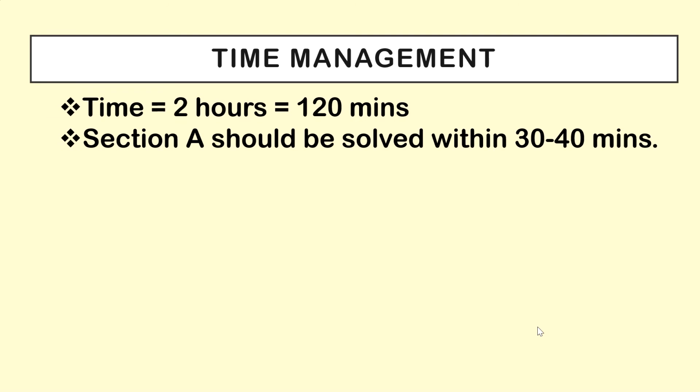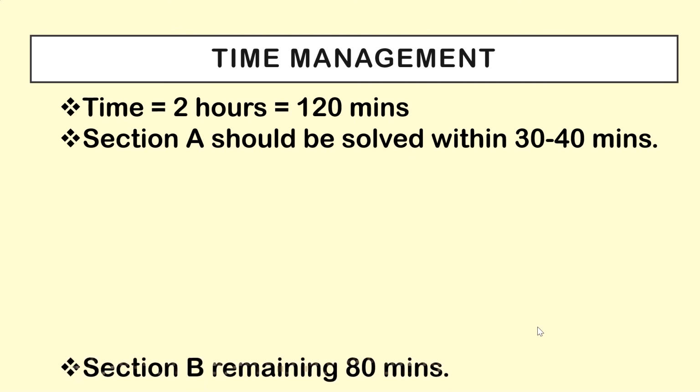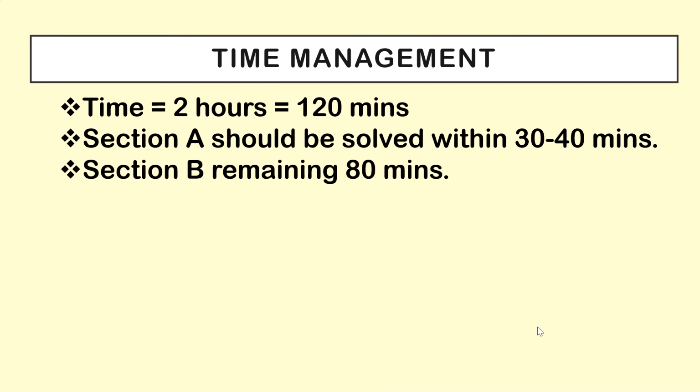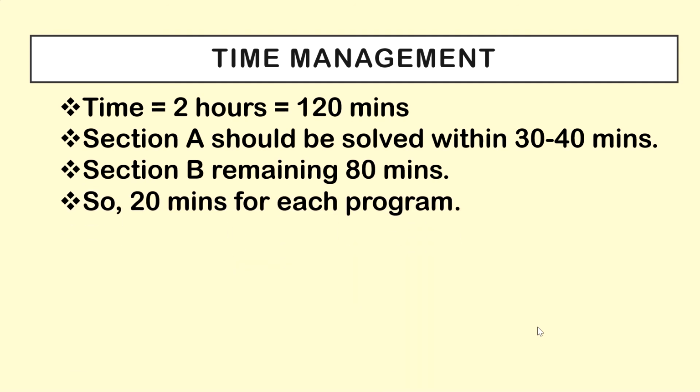Section A should not take you more than 30 to 40 minutes, and Section B the remaining 80 minutes. It means 20 minutes for each program. So in 20 minutes you have to write the program code, the logic, the comments, the output, and also the variable description table. So you have to use your time very efficiently.